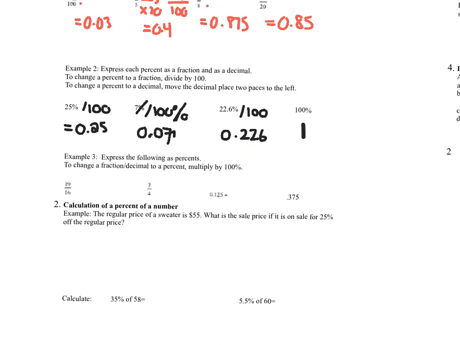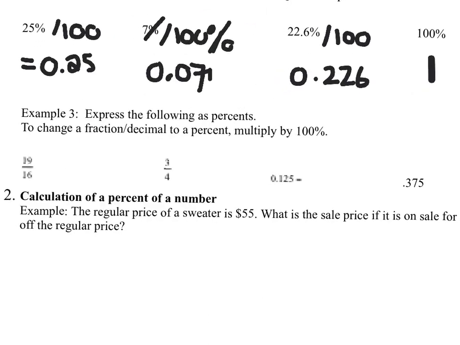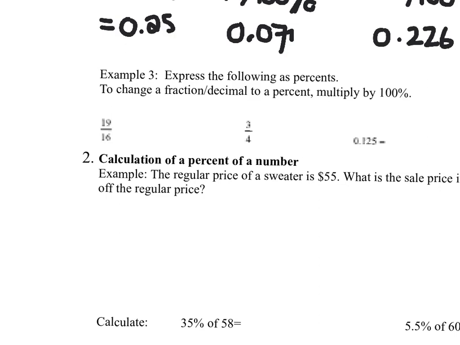I won't often ask you to change a percent to a fraction, but you want to think lowest common if you do that. Now, how do we go about expressing the following as percents? I like to think of it as almost representing a grade.